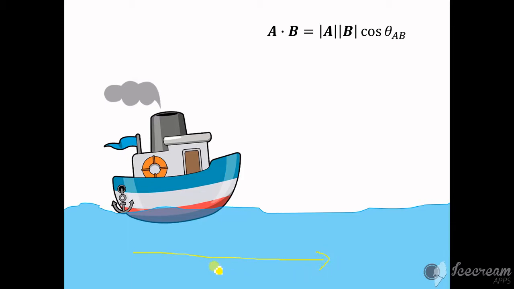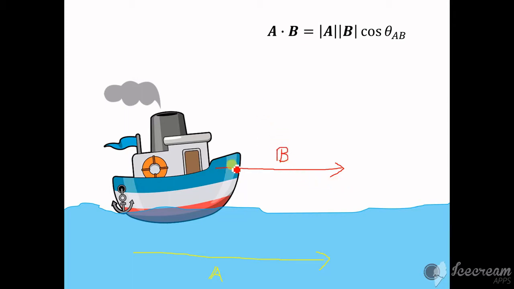This will be our first vector, vector a. As our second vector, that will be the movement of the boat, and the boat is moving in this direction. Let's put this as vector b.